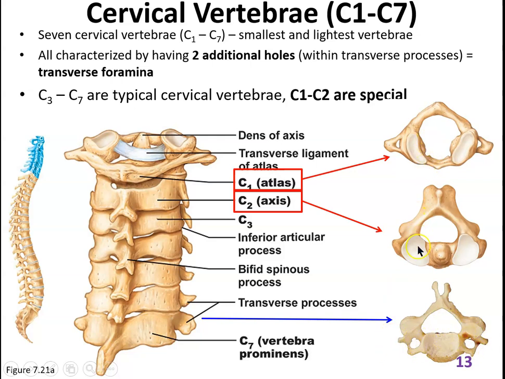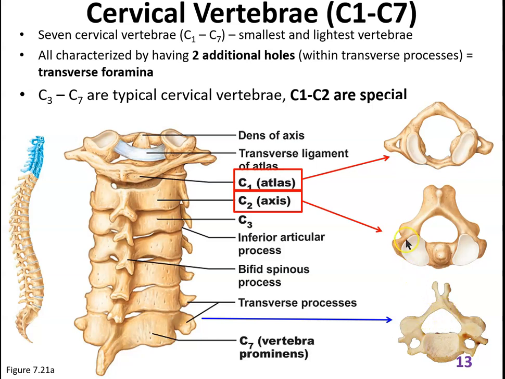So C1 and C2 are these weird ones. Okay, so these are the transverse foramina, and all of the cervical vertebrae have them.